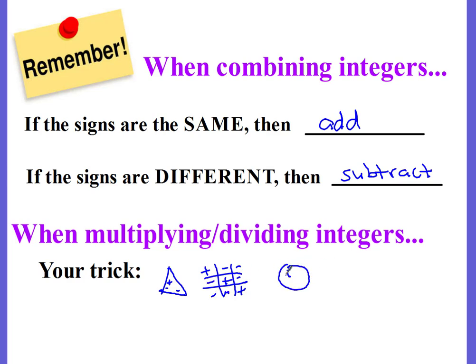If he's wide awake and he's happy, in a good mood, he's positive. If he's sleeping, his eyes are the same. They're closed, but he's having a good dream, then he's positive. But if he got into a fight and one eye is open, one eye is closed, then he's not going to be in a good mood. He'll be negative. So we'll need to remember these as we're going through these problems.